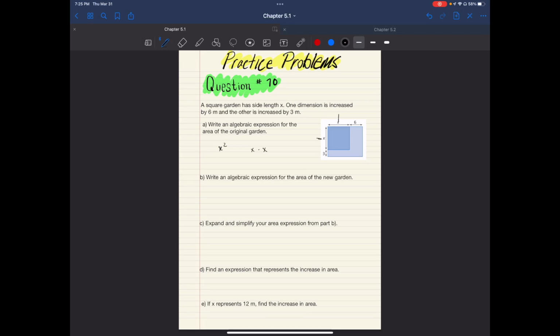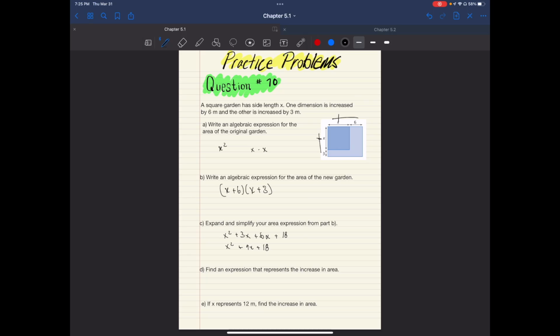So now it's going to be x plus 6 times x plus 3. Expand and simplify your expression from part B. Oh, sorry, it's a little messy. X squared plus 3x plus 6x plus 18 becomes x squared plus 9x plus 18.